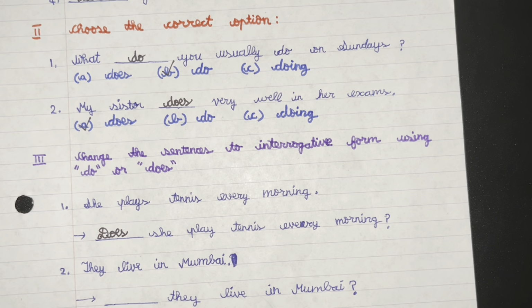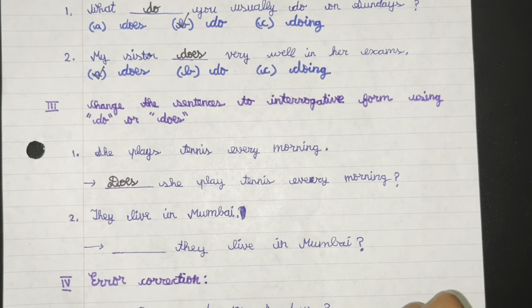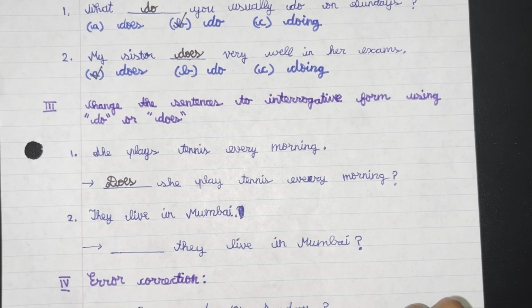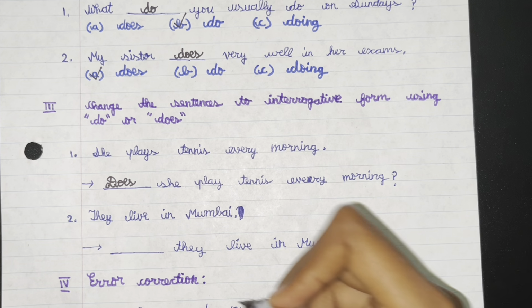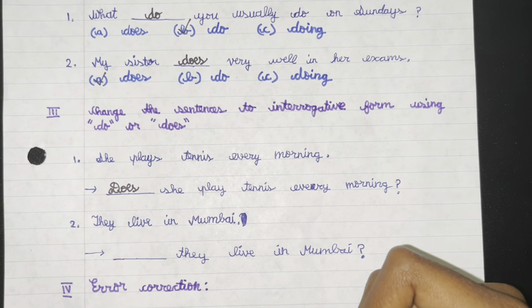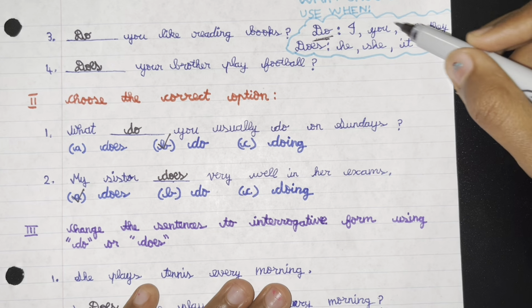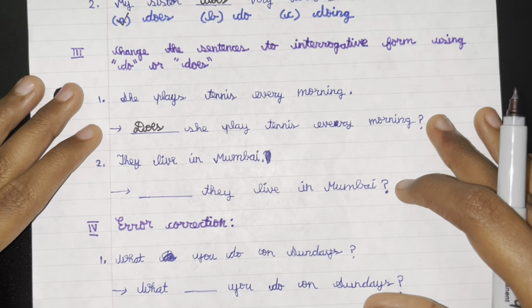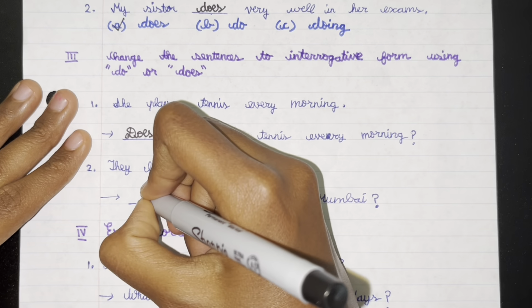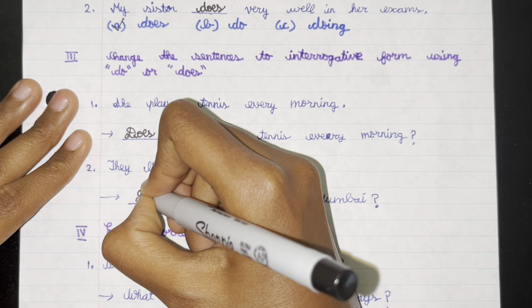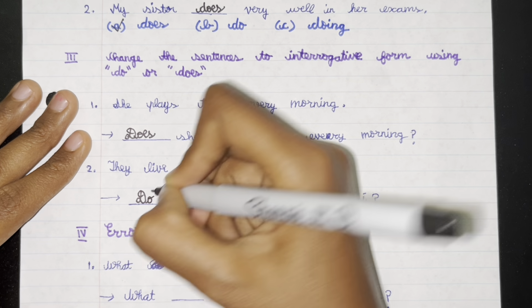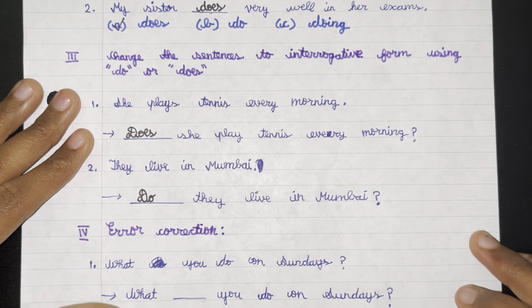Does she play tennis every morning? Second question. They live in Mumbai. Dash, they live in Mumbai. So remember what we saw? If there's they in the sentence, you should put do. Do they live in Mumbai?